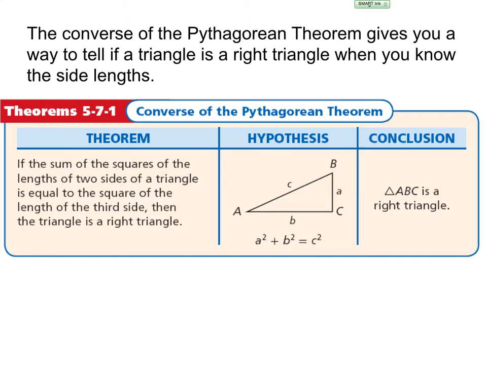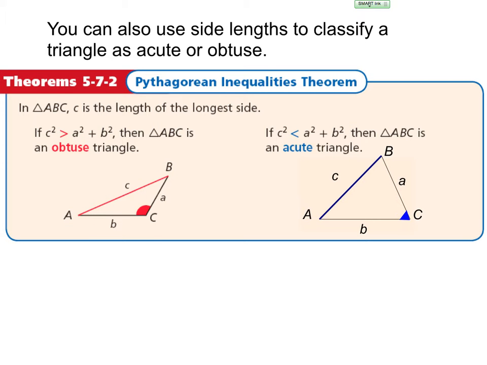So the other part to this is the Pythagorean inequalities. In the triangle, c is the length of the longest side. If the c squared is bigger than a squared plus b squared, it's going to make an obtuse triangle. C got longer, so that made the angle get wider.